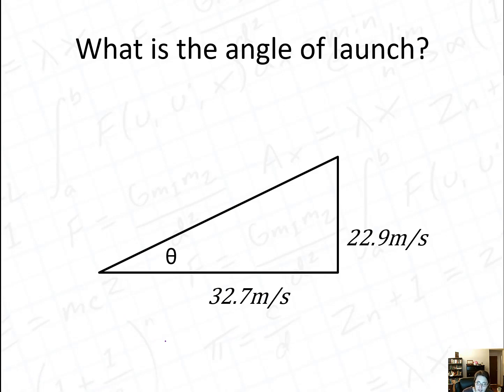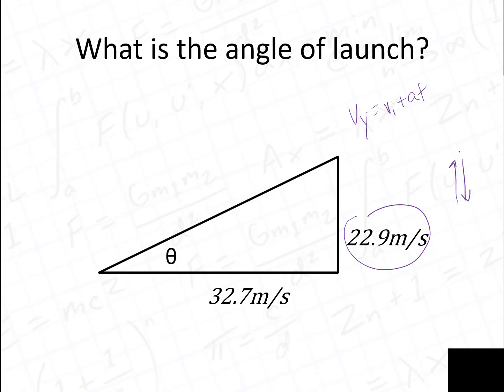Then we need to figure out the angle of launch. Now, on this diagram, we have 22.9 meters per second in the vertical. To get that vertical, we are going to say it is the initial plus at. We get that just like we do when we throw something up and it comes back down. At the top, this right here is going to be 0, and we can call that our initial velocity if we take it as it falls back down to the ground.